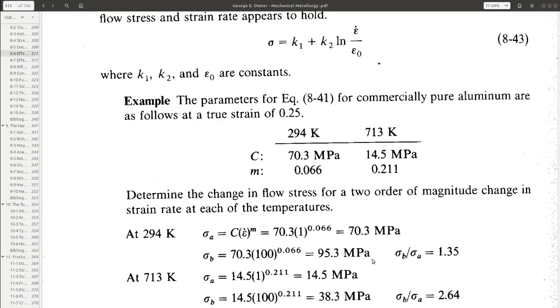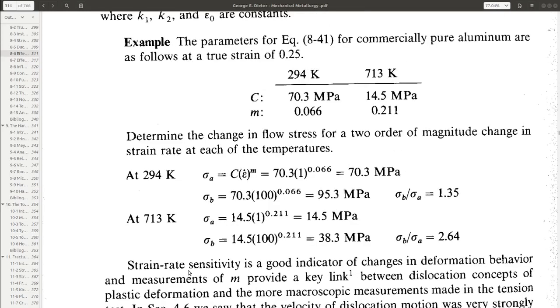Now when I raise the temperature to 713 Kelvin, see what value we have got for sigma naught. When epsilon dot is 1, I am getting 14.5, and when epsilon dot is 100, I am getting 38.3. So the ratio is 2.64, which is quite considerable.